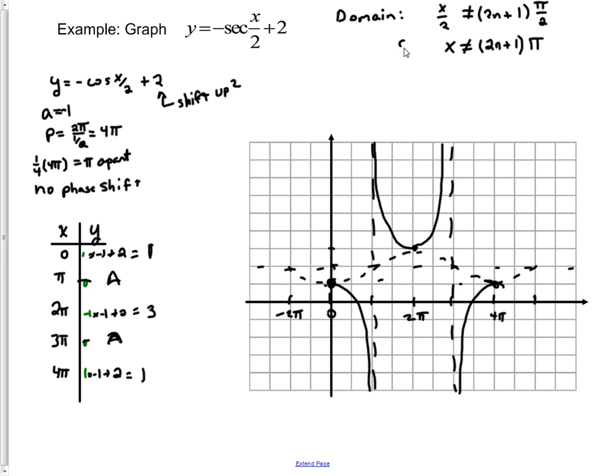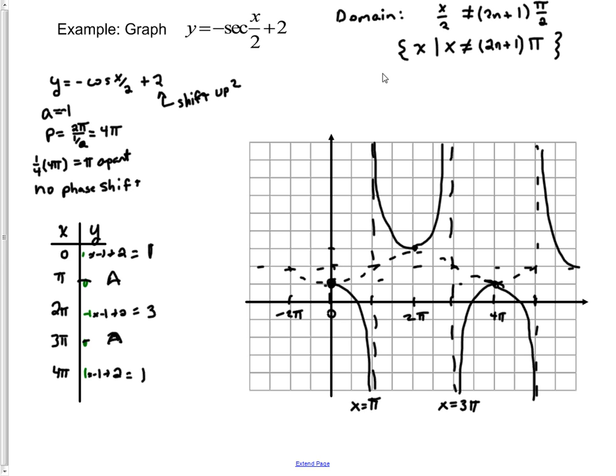So our domain is the set of all x values such that x is not equal to odd multiples of pi. And that seems to fit with what we're saying right here. 1 pi was our vertical asymptote here. 3 pi was our next vertical asymptote. One suspects that our next vertical asymptote would be at 5 pi, and it would, if we were to graph this out another cycle. We could certainly do that.